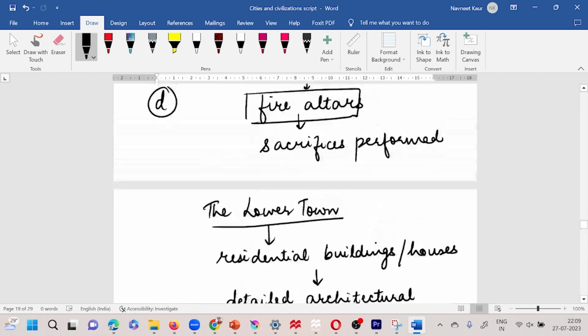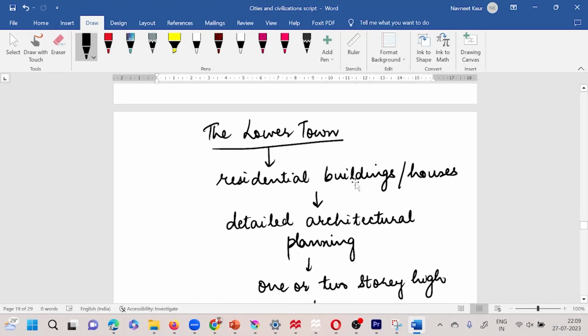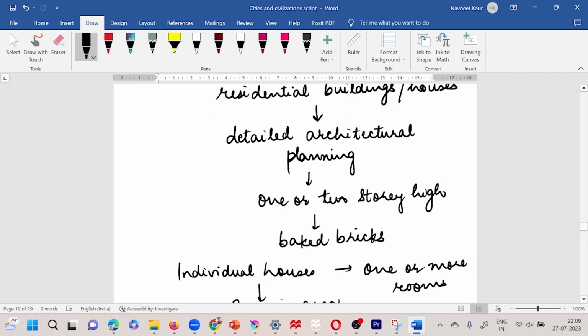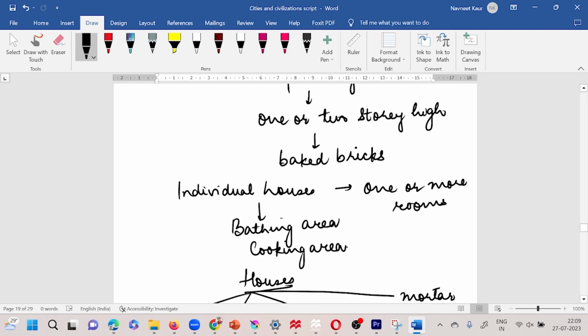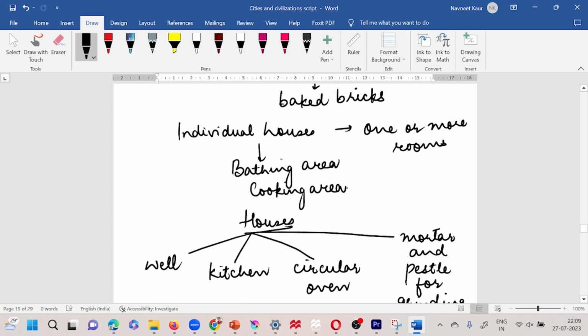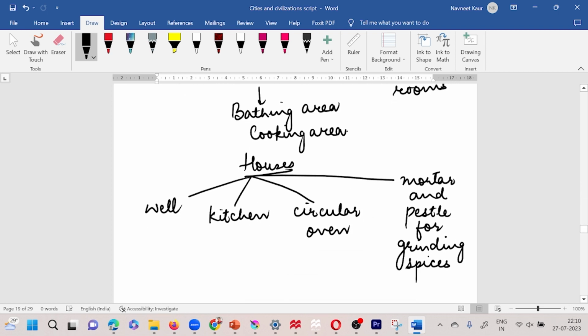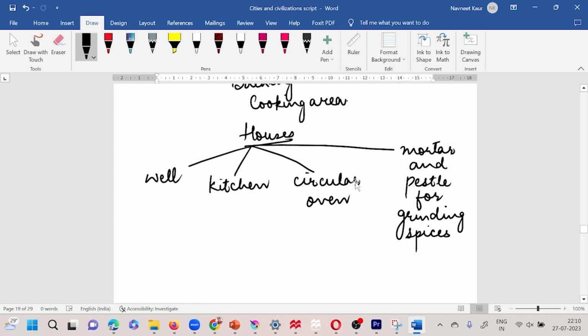So that was about the lower town. It consisted of residential buildings or houses which had detailed architectural planning. They were either one or two story high and they were built of baked bricks. The individual houses had one or more rooms, and each house had a bathing area and a place for cooking.